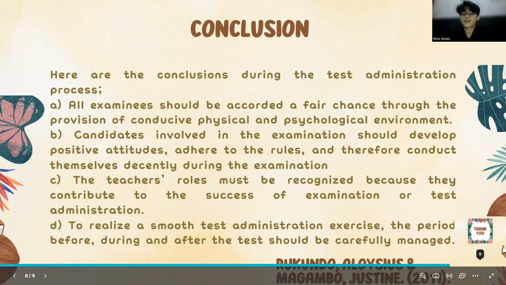Like key point number one, the teacher must ensure that they have the same chance to finish the exam properly, from their items and answer sheets to their psychological and mental environment.